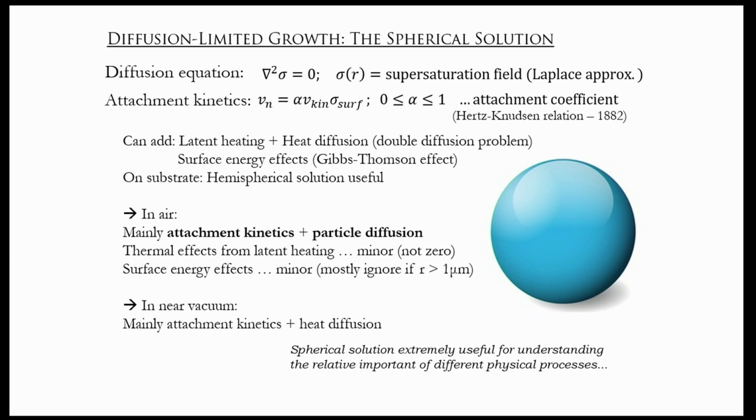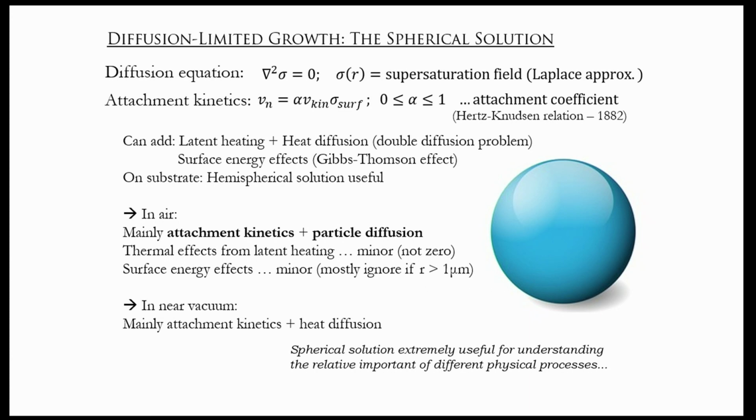That ratio is called the Peclet number, and the Peclet number is very low, 10 to the minus 2, 10 to the minus 3. So we can really ignore the crystal moving and just have del squared equals 0 around the crystal.